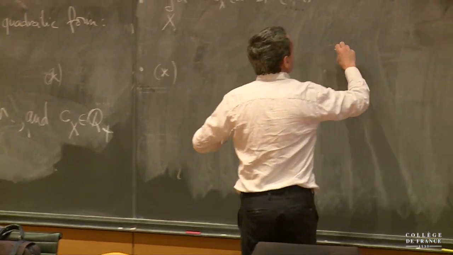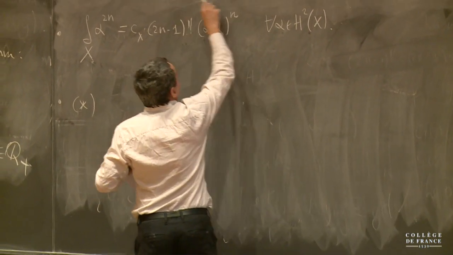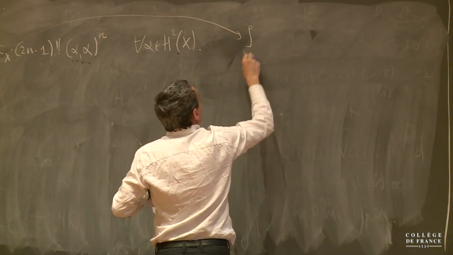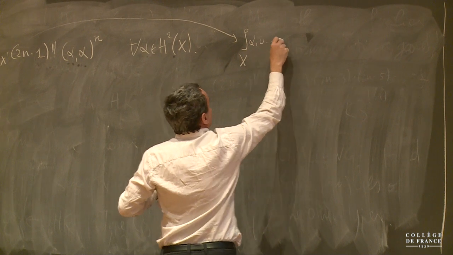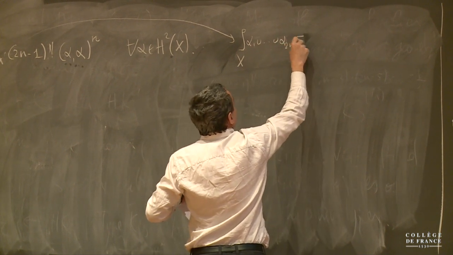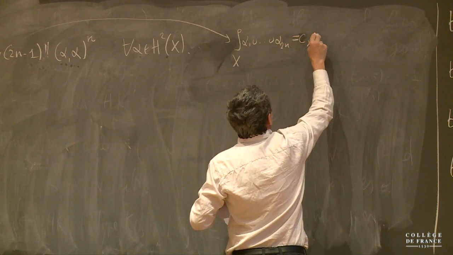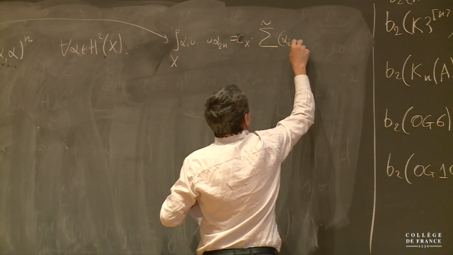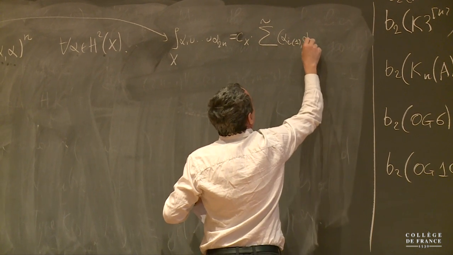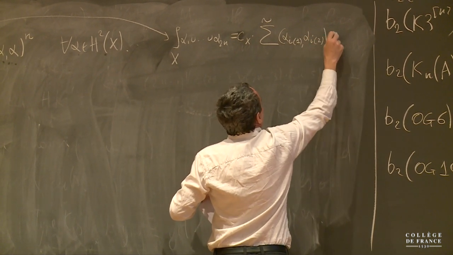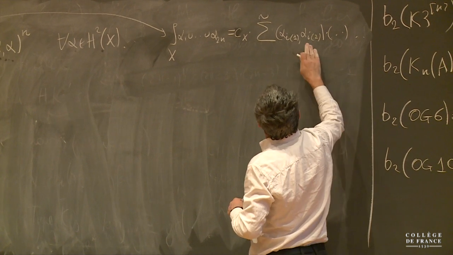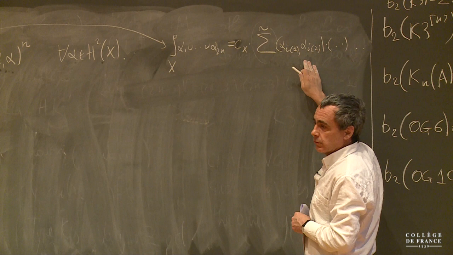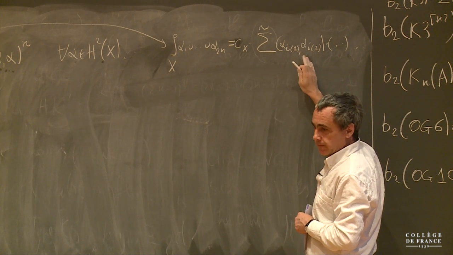Why? Because this is equivalent to the integral over X of alpha 1 through alpha 2n equal to c_X times the sum of products. You take all products, but you avoid formally equal repetitions in this summation.